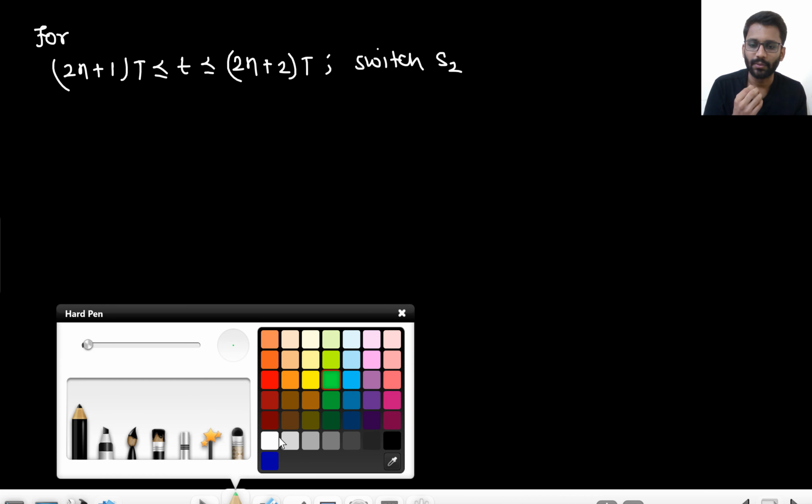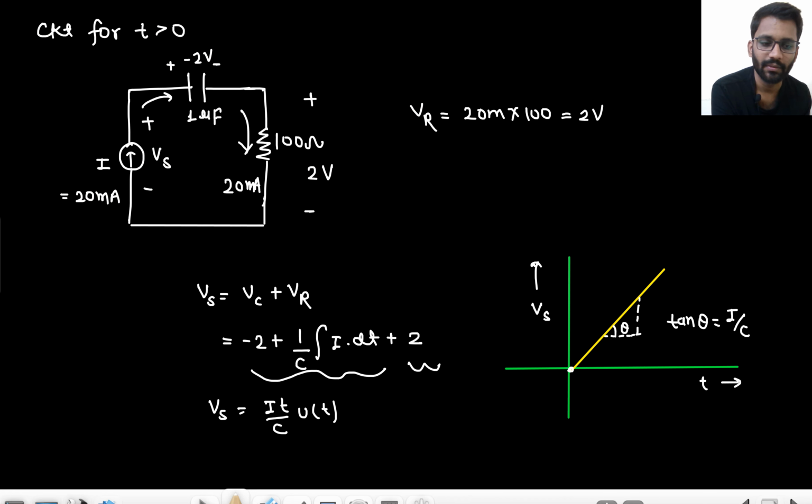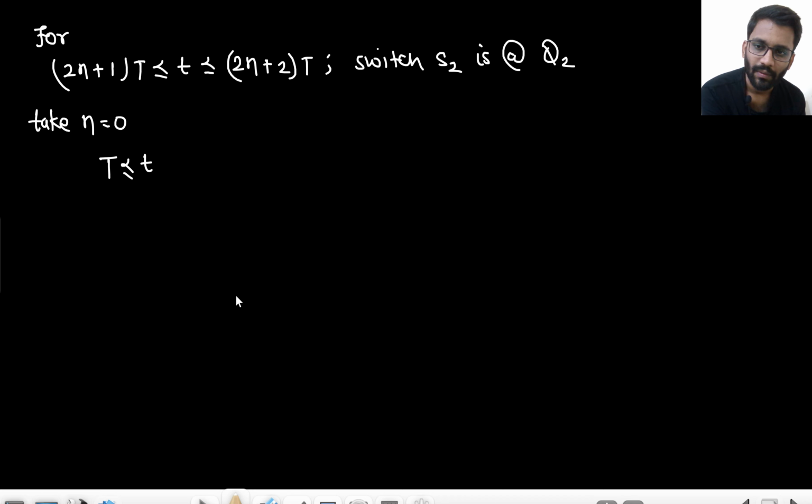Switch S2 is at Q2. Take n equals 0. So from T to 2T, or whatever it is, the equal sign doesn't really matter here.